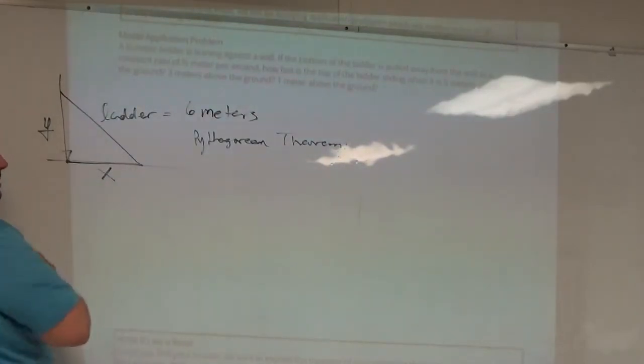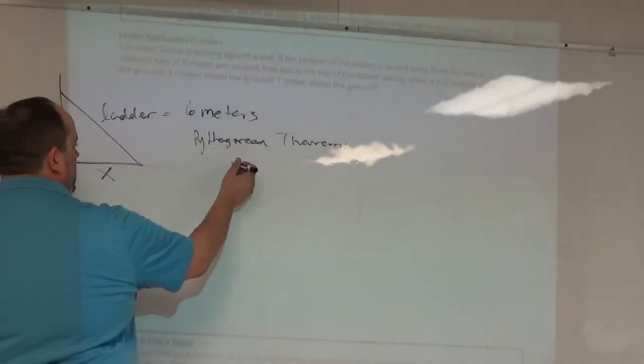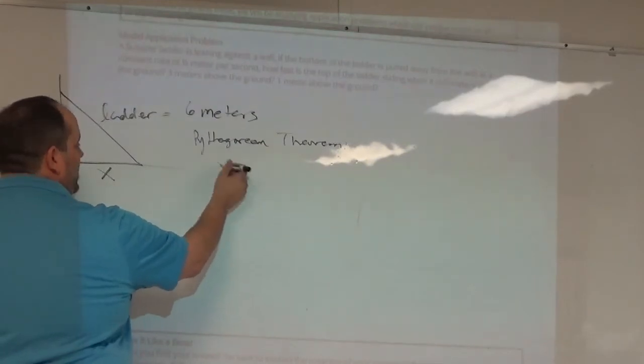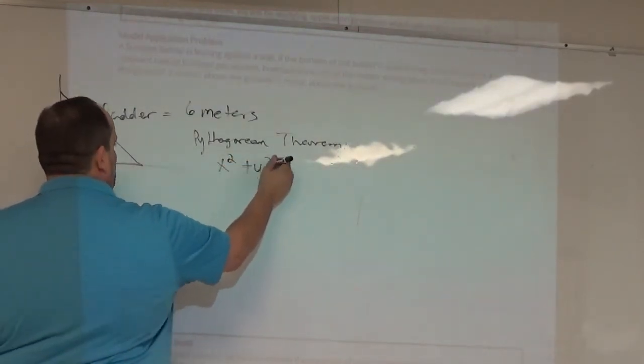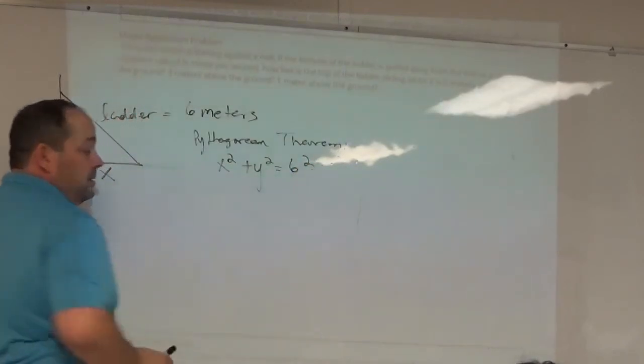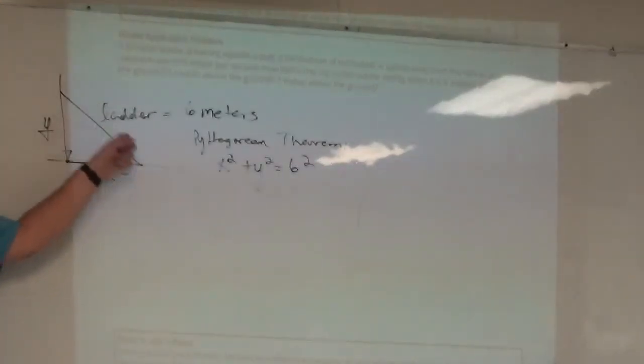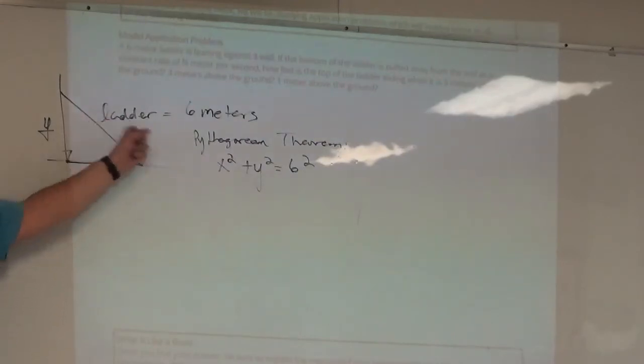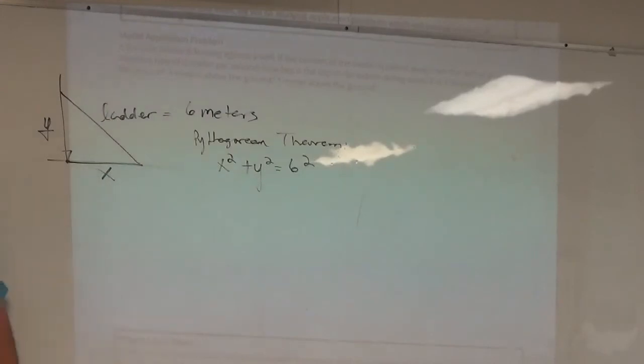For this particular problem, x squared plus y squared equals 6 squared. Is everybody okay that no matter what happens with the ladder, x squared plus y squared has to be equal to 6 squared?